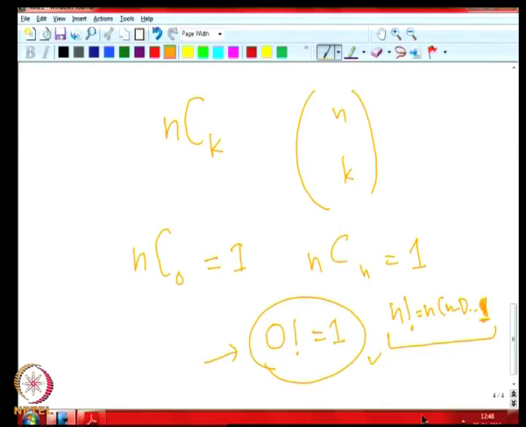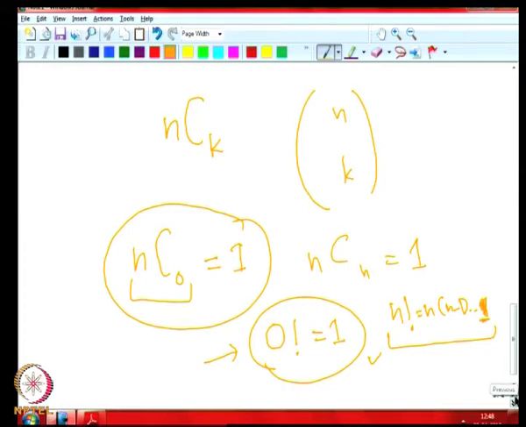So then if you wanted to derive this n c 0 using the method earlier, what is the number of 0 element lists from an n element set? We should just say it is 1. I don't know, it's by definition, or otherwise we should take it separately. So n c 0 is equal to 1 because the 0 element set, we know, is the empty set.